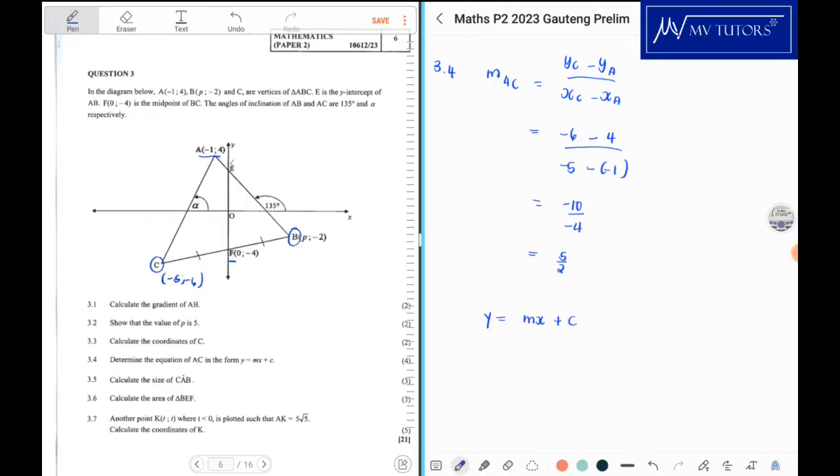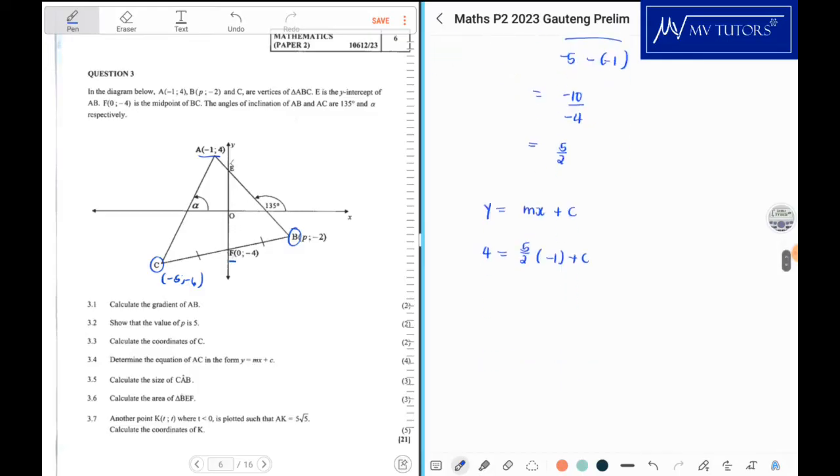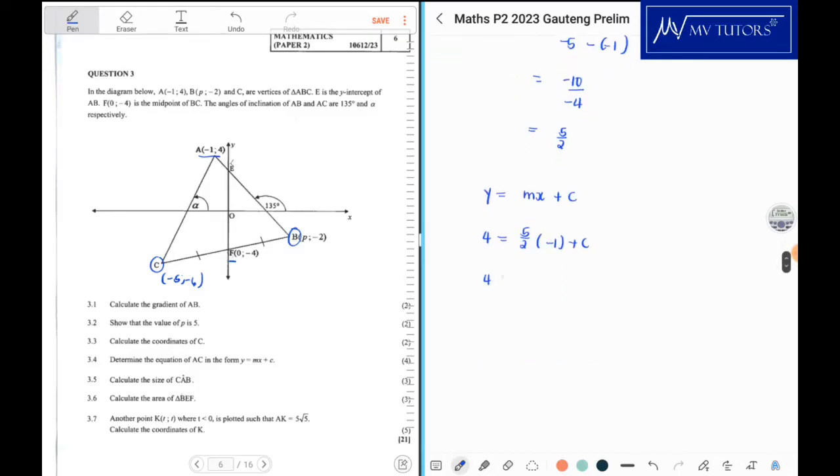Let's get c. I will take the coordinates for A. In the place of y, I'll put 4. In the place of m, 5/2. In the place of x, -1. And let's find out what c is. So we have 4 is equal to -5/2 plus c.